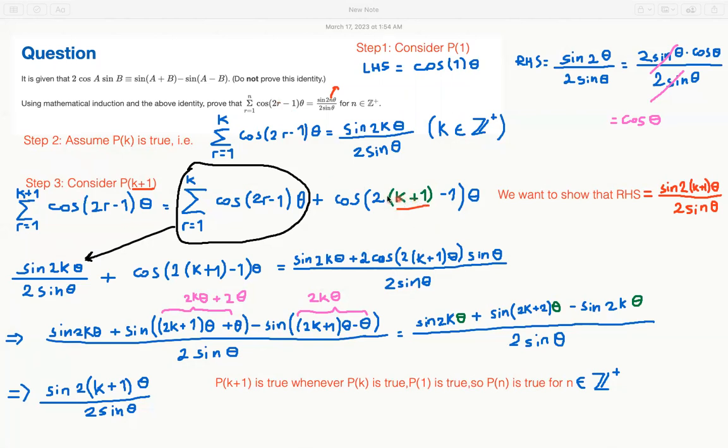So the next part will be cos(2(k + 1) - 1)θ. Now, according to my assumption from step 2, the first part equals sin 2kθ over 2 sin θ. I just replace it with this, plus the same cosine expression over here.